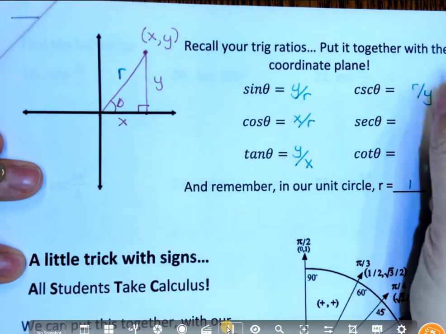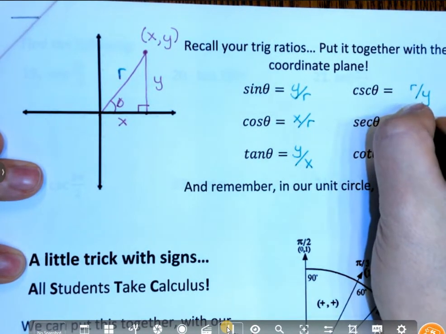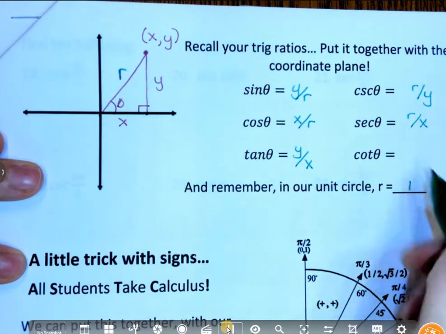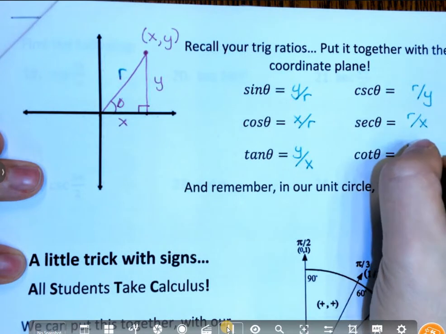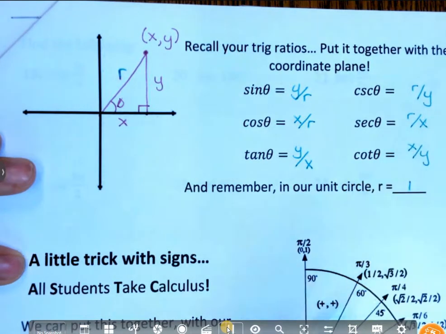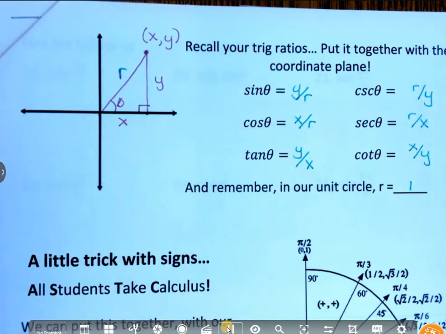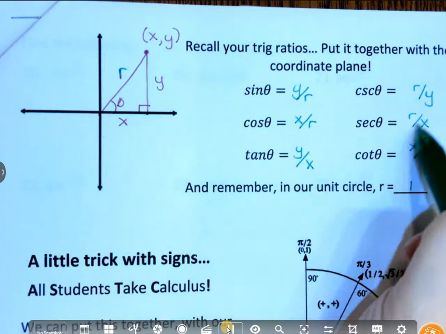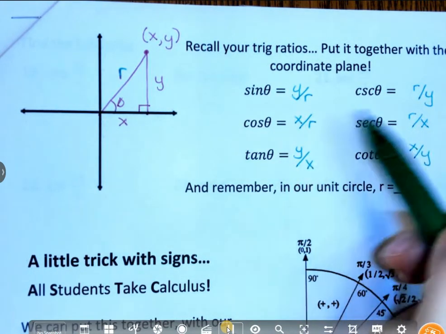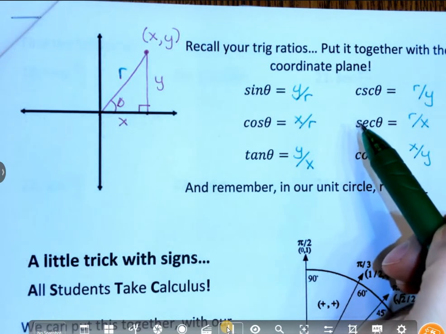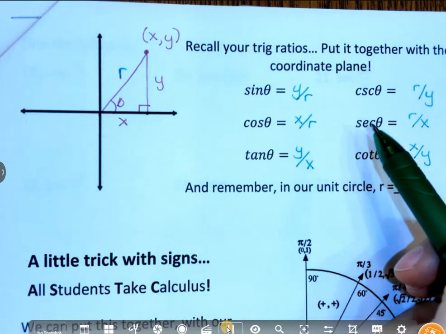What would the secant be? R over x, unit circle, r is 1. Cotangent? X over y. Now, we like doing this with our unit circles because the radius is 1. It makes all of these 4 go super, super easy. But next class, we are going to do what happens if it's not perfectly on the unit circle, and how do we deal with it?